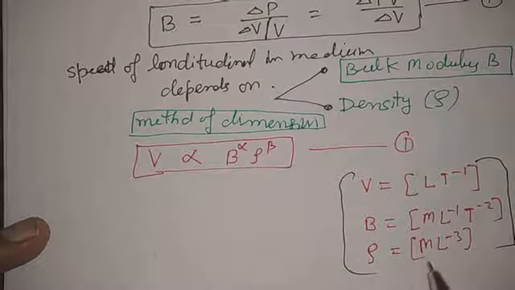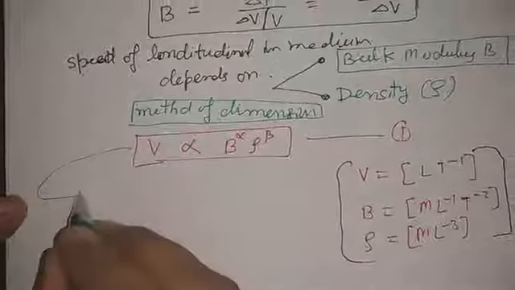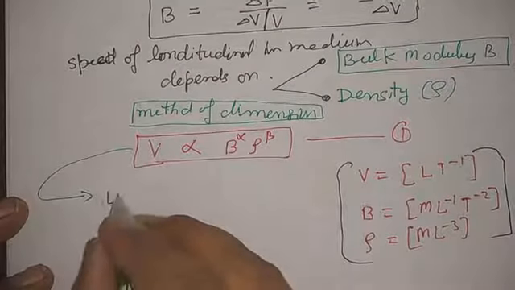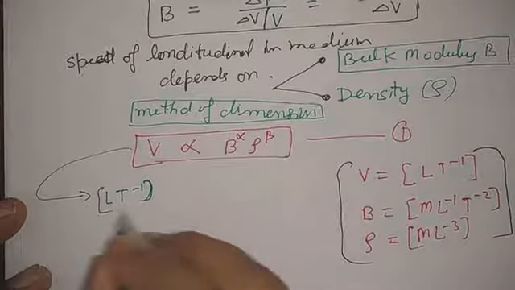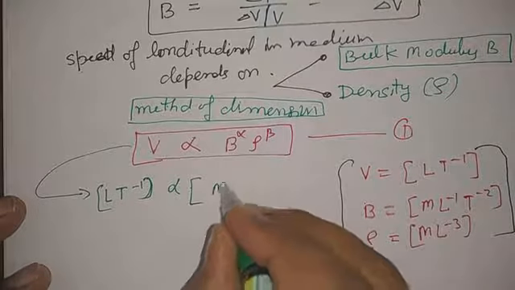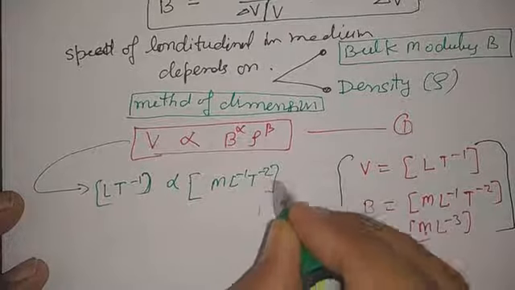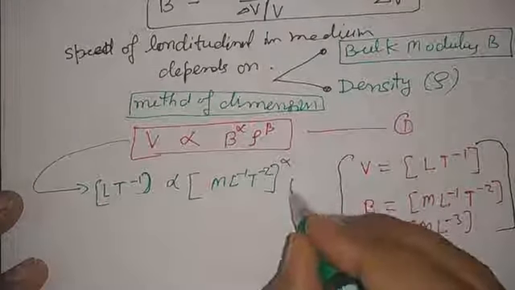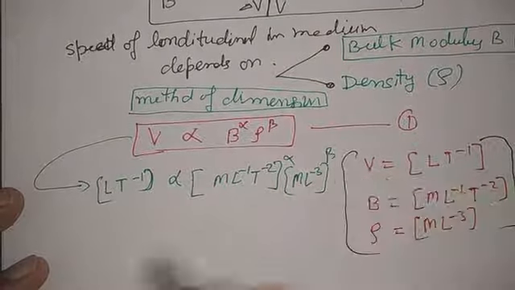So we put these values in this equation. In place of V, L T minus 1 is directly proportional to B, that is M L minus 1 T minus 2, to the power alpha, times density, M L minus 3, to the power beta.